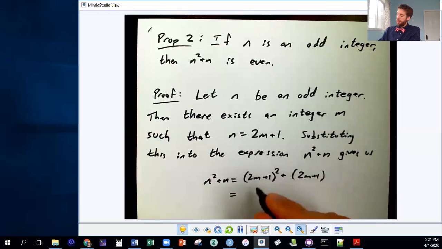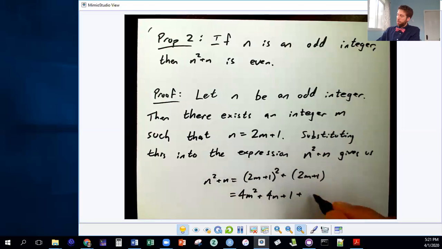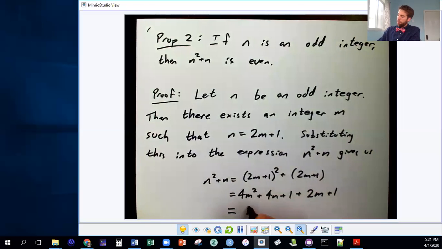Now, squaring that, we would kind of FOIL, so it'd be 4m squared, and then you're going to have two linear terms that add up to, I'm just going to do the algebra real quick here, 2m times 1 plus another 2m times 1, which is 4m, then plus 1 plus 2m plus 1. Simplifying, you get 4m squared, and how many m's do we have? 6m, plus 2.